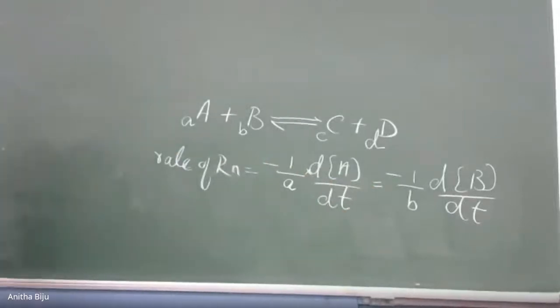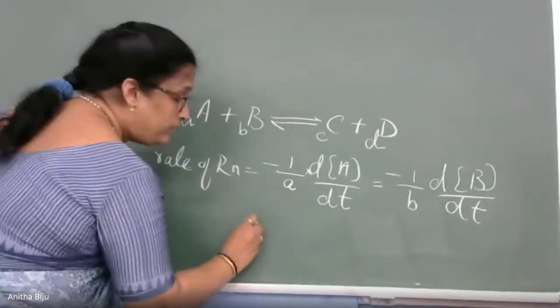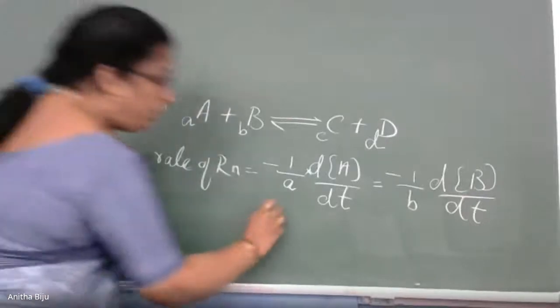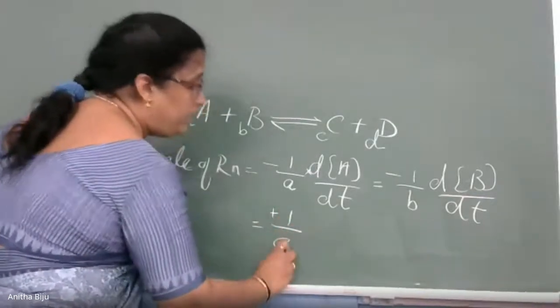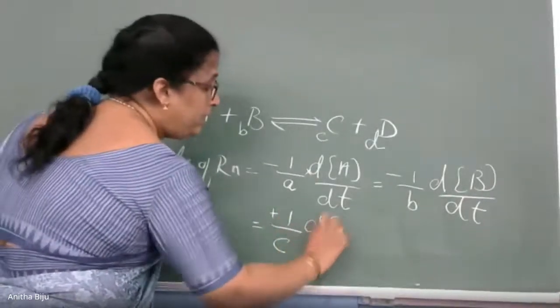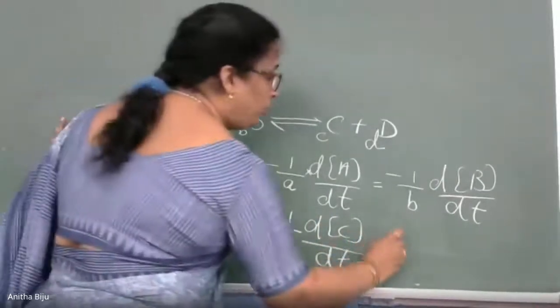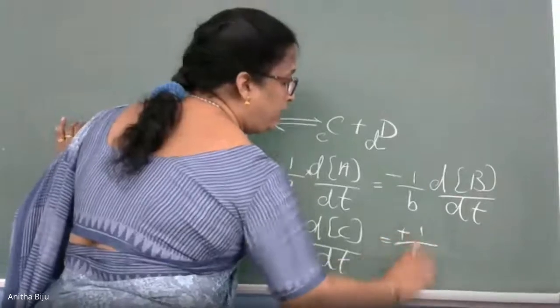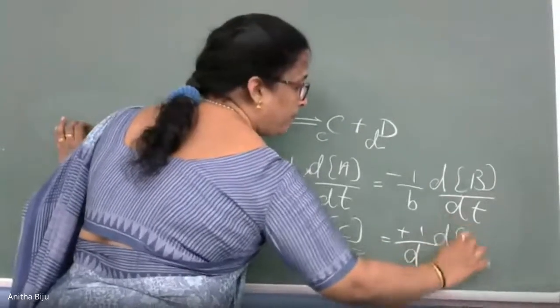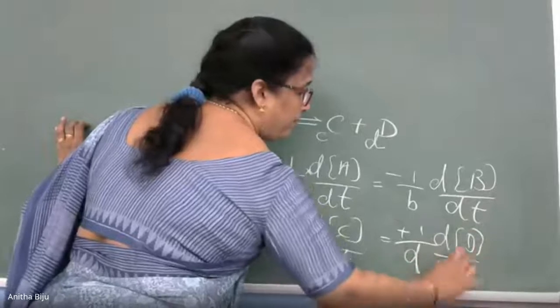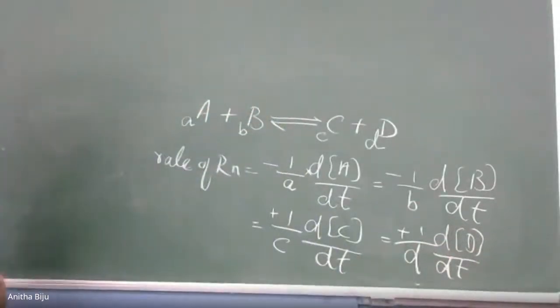Now, how to express it in terms of products: it is also equal to plus 1 upon c into dC divided by dt, or equal to plus 1 upon d into dD by dt. I think it is clear to you.